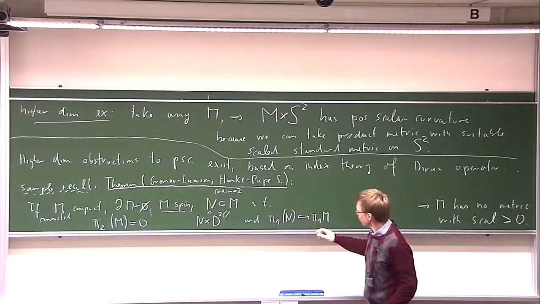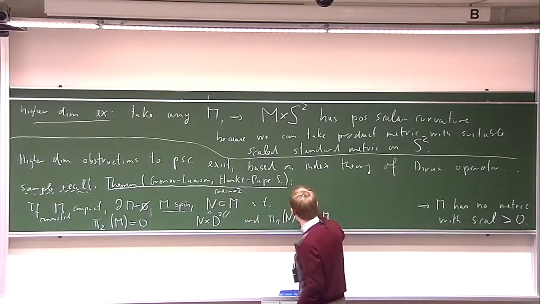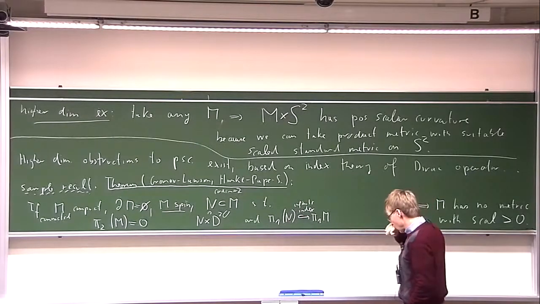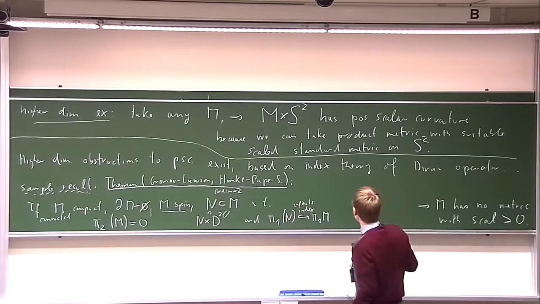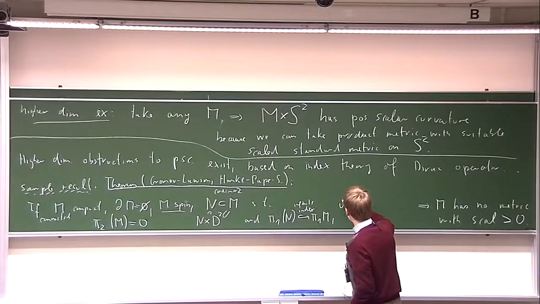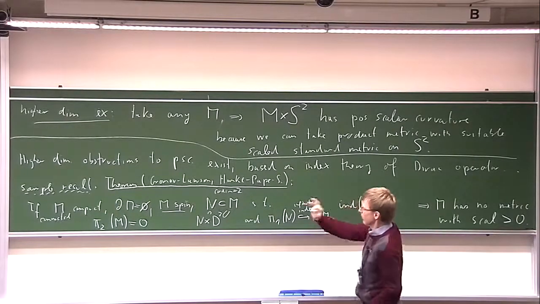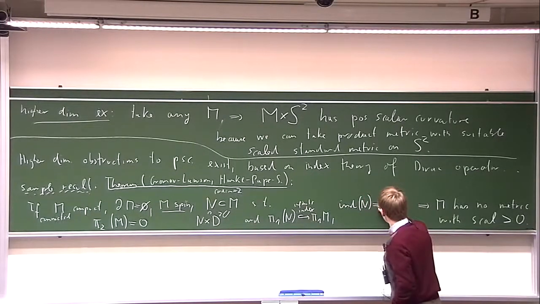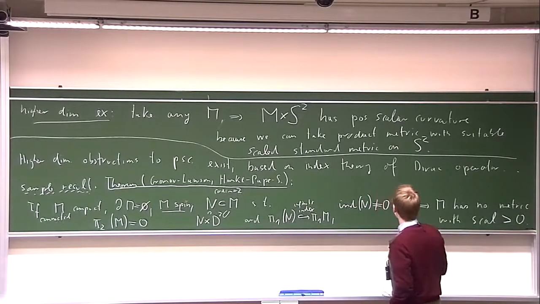So actually this is automatically in what comes next, implying that this inclusion will have infinite index. So infinite index situation here. And finally what I need is that something I call the index of N, or of the spin structure of N, which is automatically given here, should be non-zero.